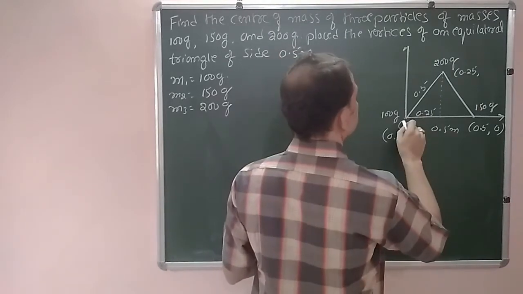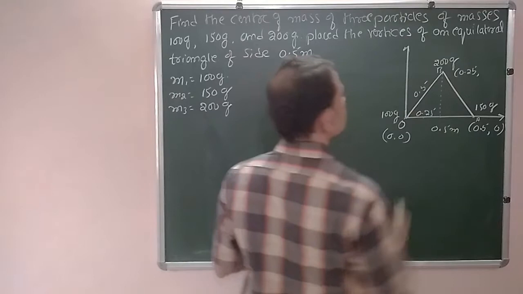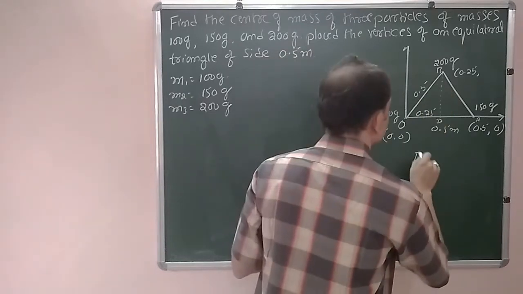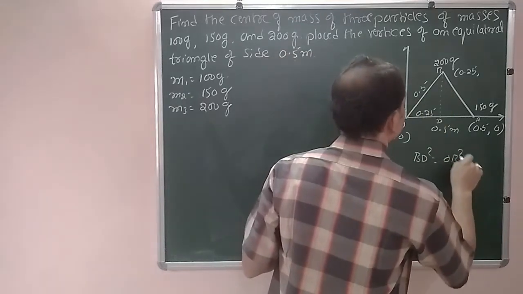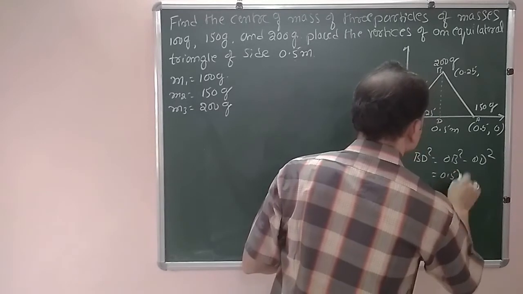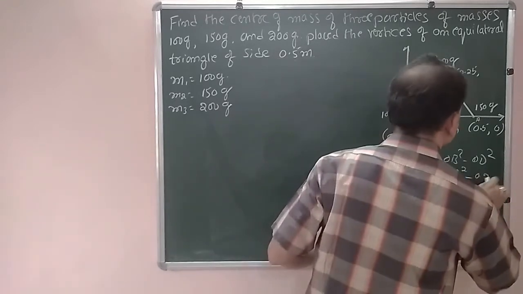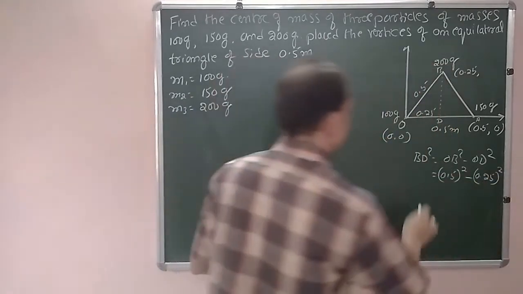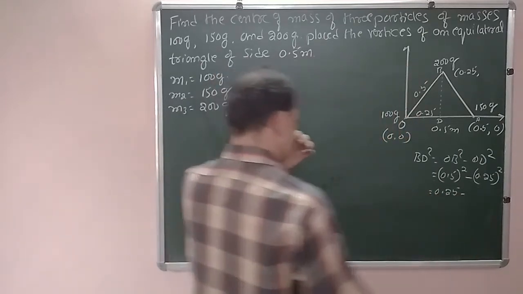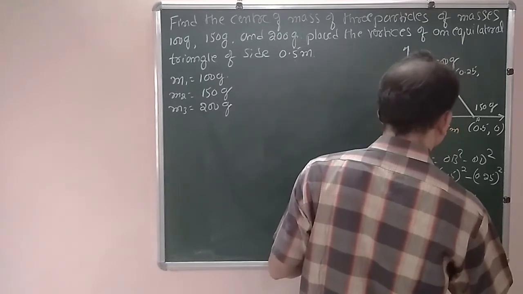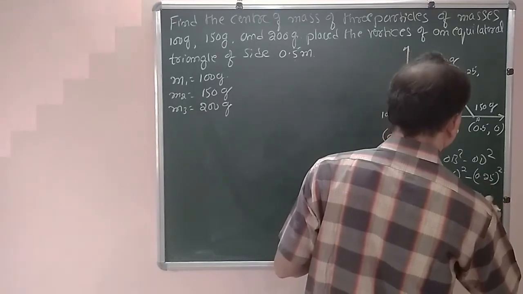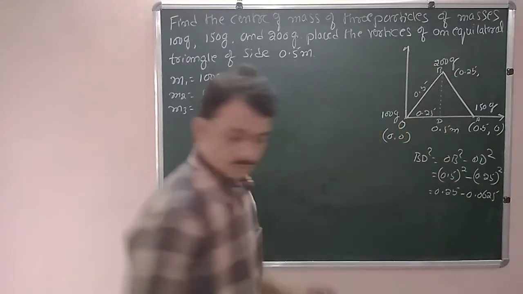If I take this as O, this one as A, this one as B, and this one as the midpoint D, then BD squared is equal to OB squared minus OD squared. OB squared is 0.5 whole squared minus 0.25 whole squared.